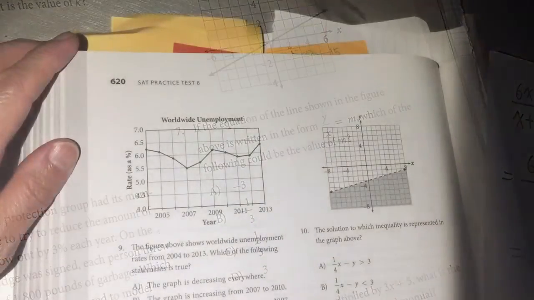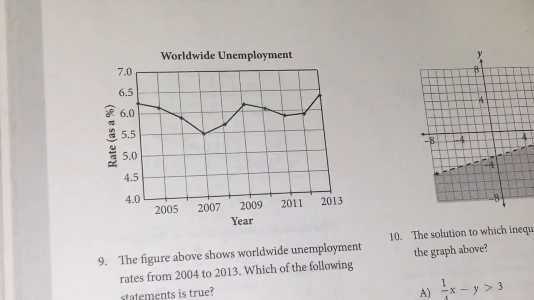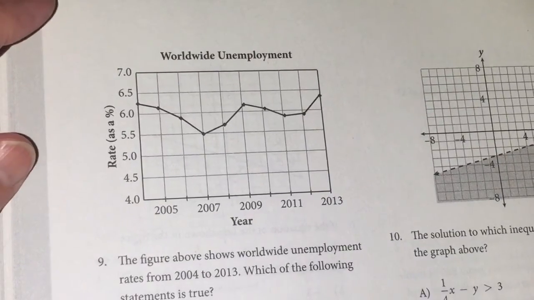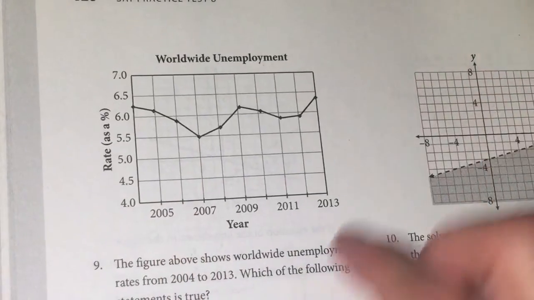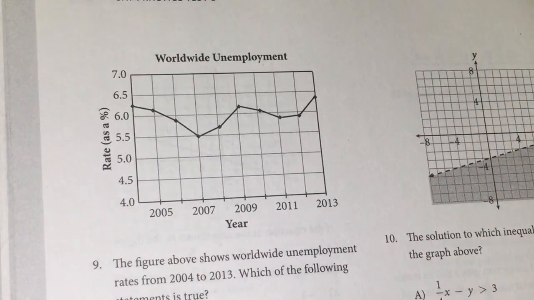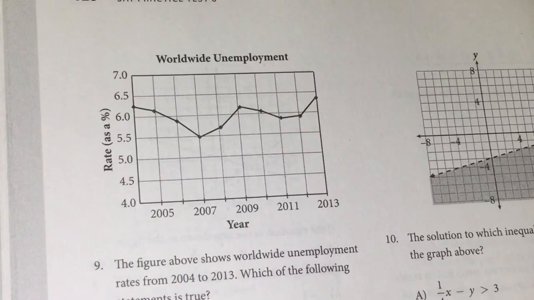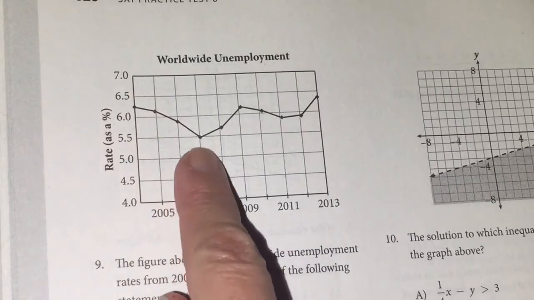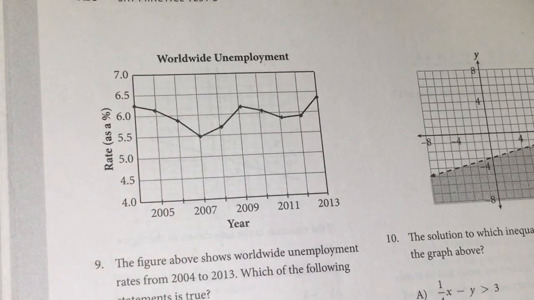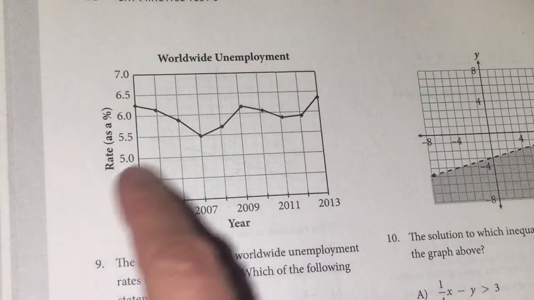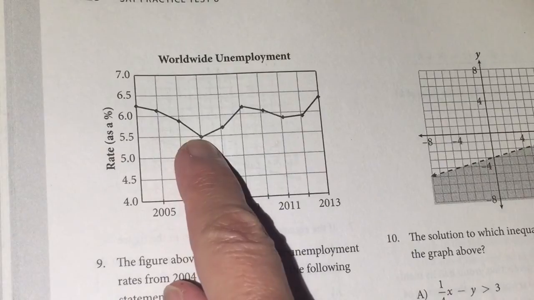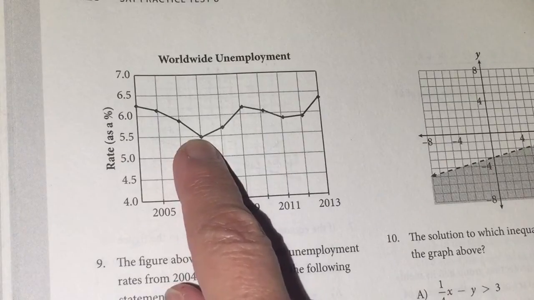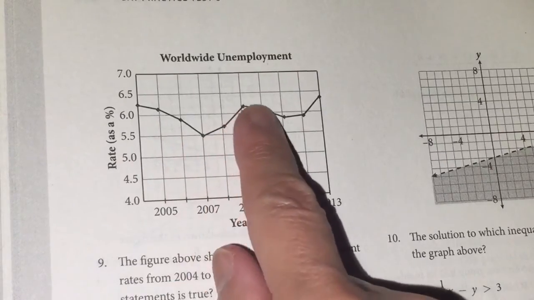Okay, hello dear friends. Take a look at this graph. Worldwide unemployment. There are some going down, some going up. When it is going down, the decrease of unemployment is good news, that fewer people are unemployed, more people having jobs.